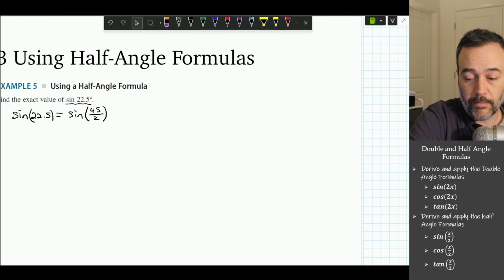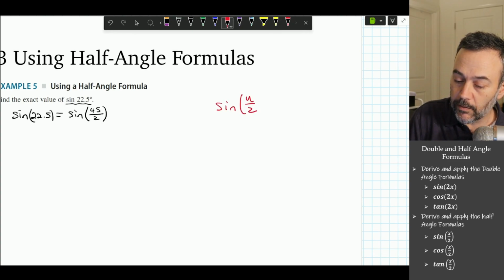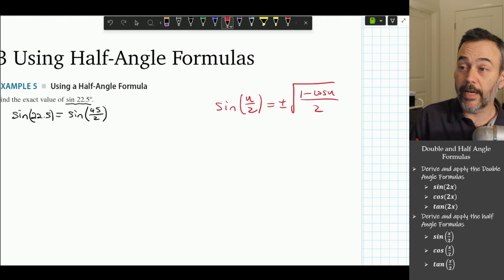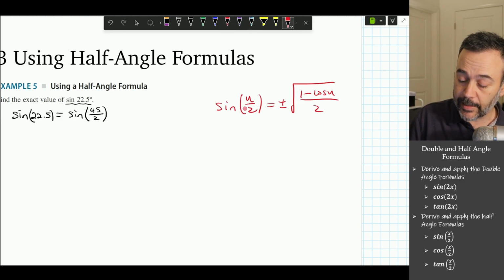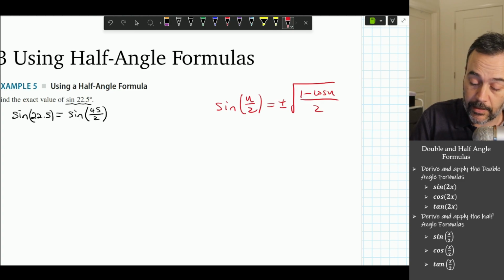Let's see if we remember that: sine of u over 2 equals plus or minus the square root of 1 minus cosine u all over 2. We're going to use that because the left-hand side can be annoying, but the right-hand side, although there's a square root, is something I can evaluate by hand because cosine of u is simple.